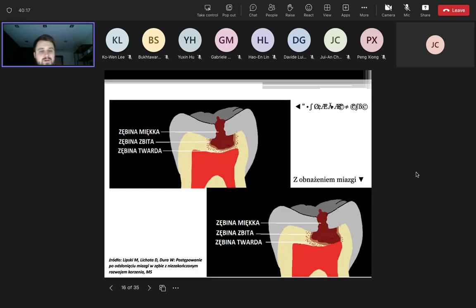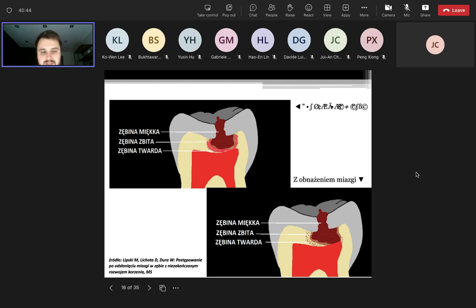Here we have something I would like to show you, to explain why we have to think about deep and big cavities. In this case we have the soft tissue, which is located here, and some layers of demineralized tissue located here.